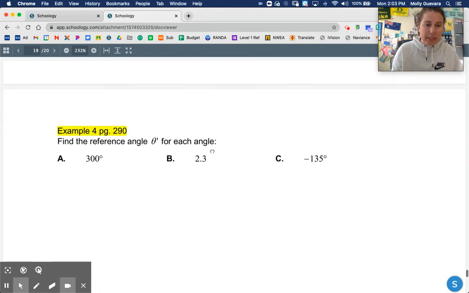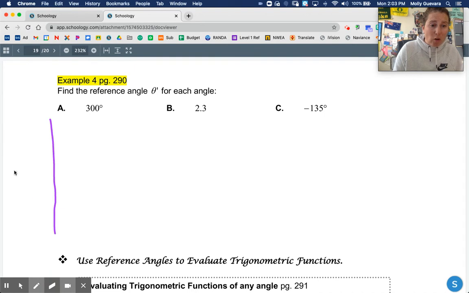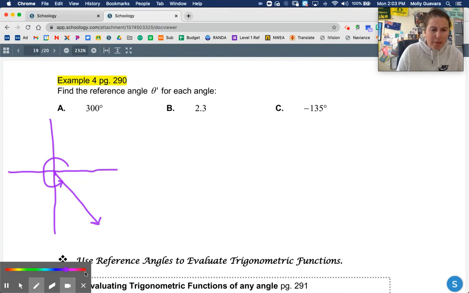So let's scroll down. It says find the reference angle theta prime for each angle. I'm going to draw this. 300, I know, is right around here. So here's the angle, 300 degrees. However, the reference angle is always the distance to the x-axis.